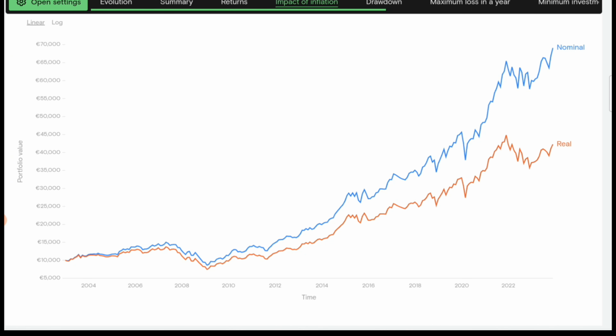And here we can see that the real has jumped from £10,000 there to 40,000. So absolutely magnificent return there if you are prepared to take that higher level of risk. So that's the real return. So remember, the blue line is the nominal, and the red line is the real return.